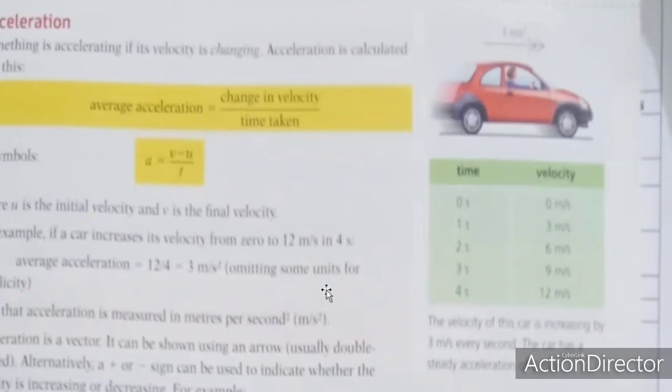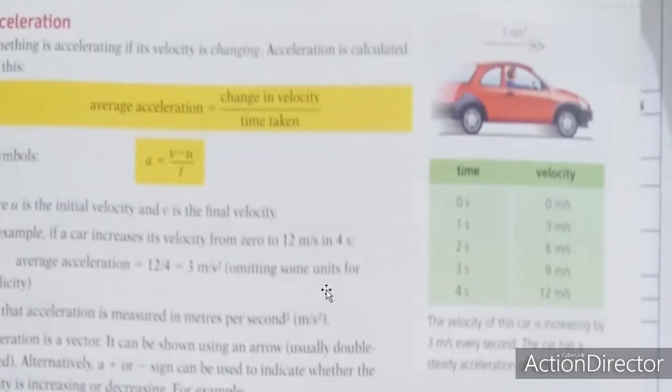You start the car, its velocity will be zero. Then you will increase the speed. You push the accelerator, and its velocity will change. That means it is getting acceleration.